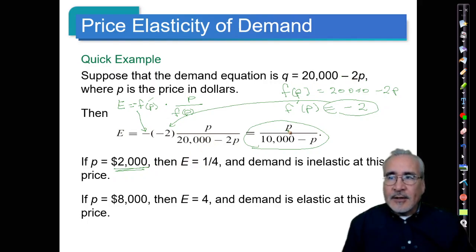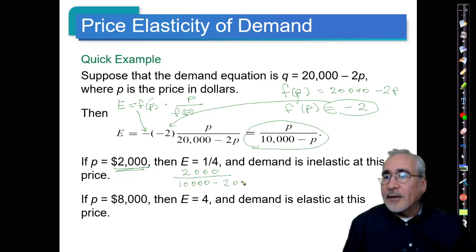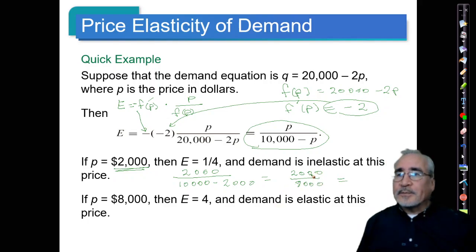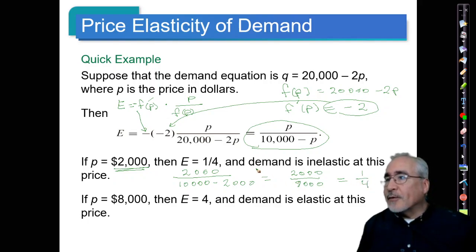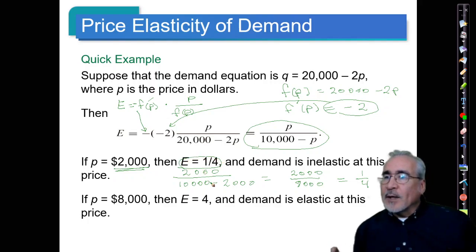Well, we put 2,000 in up here, and you get 2,000 over 10,000 minus 2,000, that gives you 2,000 over 8,000, and when you divide this out, you get 1/4. 2 goes into 8 4 times. So E is 1/4. That is less than 1. So when it's less than 1, that's when we say it is inelastic.